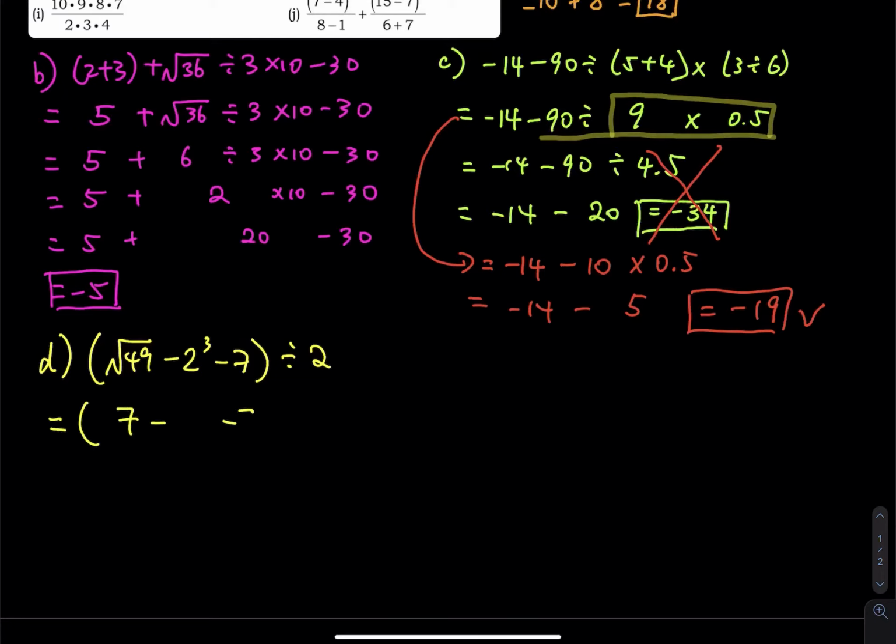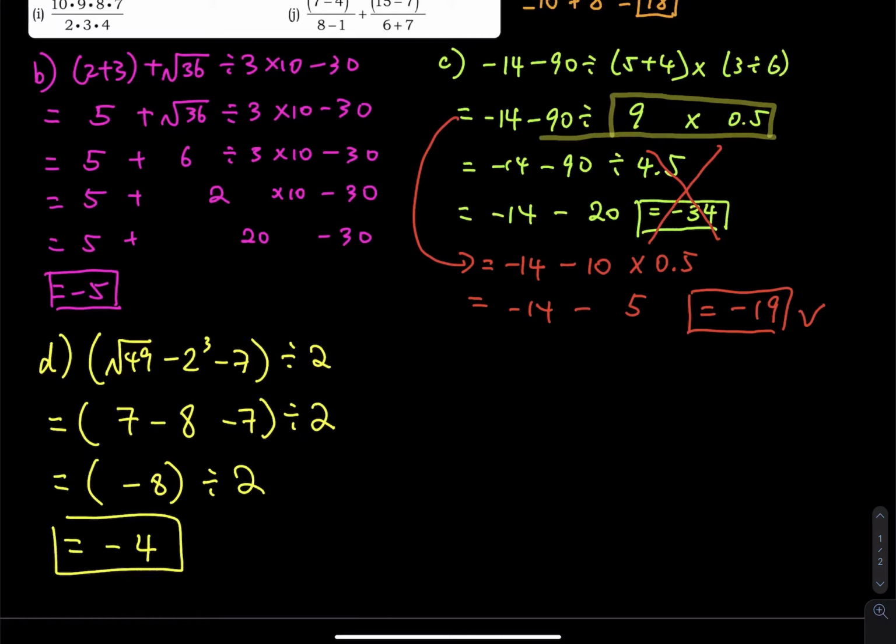And then what about 2 to the third? 2 to the third is 2 times 2 is 4. 4 times 2 is 8. So we have 7 minus 8 equals to negative 1. Negative 1 minus 7 equals to negative 8, right? And then divided by 2, negative 8 divided by 2 is equals to negative 4. And then you box your final answer.